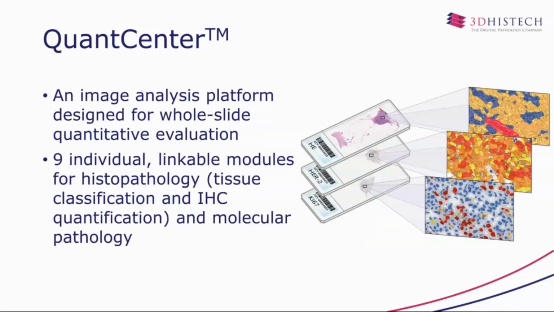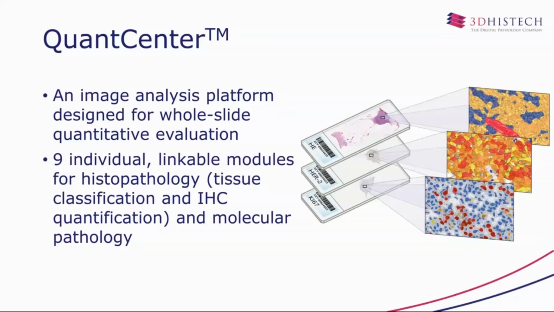As I already mentioned, the CaseViewer can be extended with several plugins. The most important plugin is our Quant Center image analysis platform. Basically, this image analysis software lives inside your viewer. It has 9 individual modules for histopathology and for molecular pathology use as well.